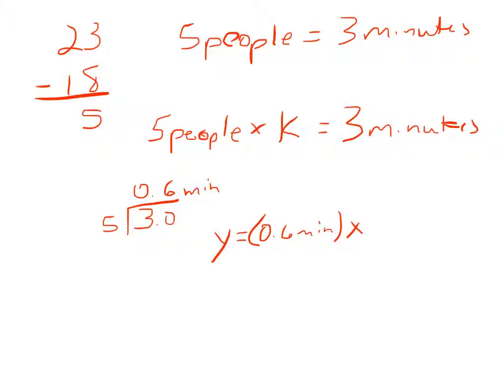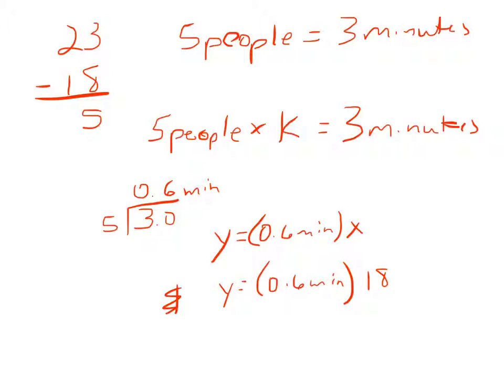So now we know there are 18 people. So we're going to do 0.6 minutes. Each person gets that amount of time times 18 people.